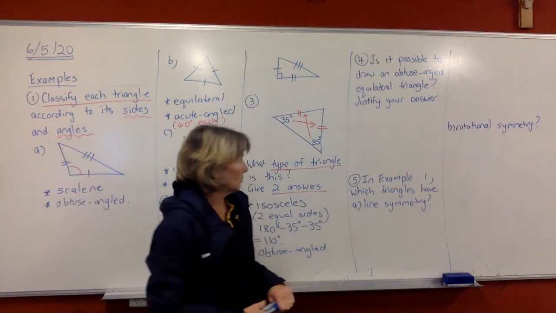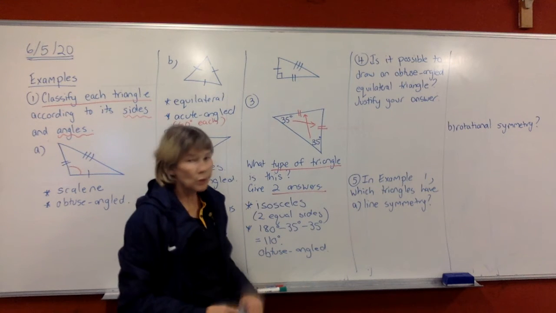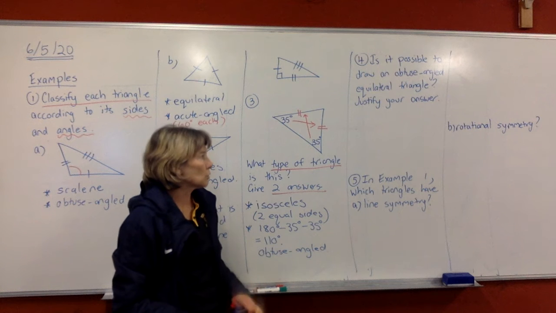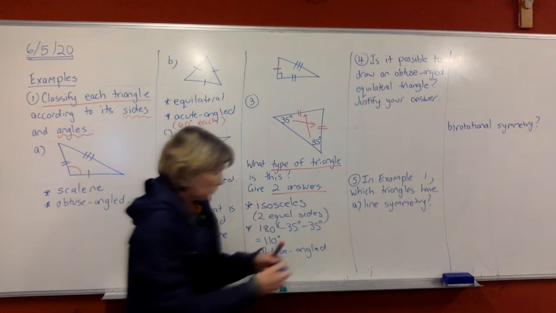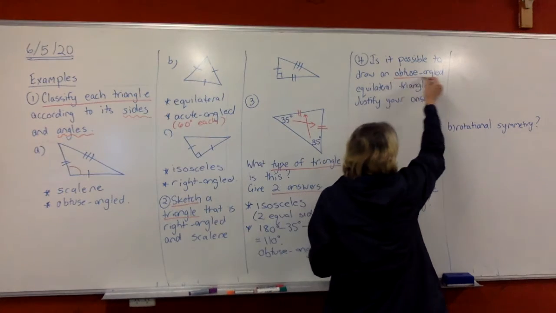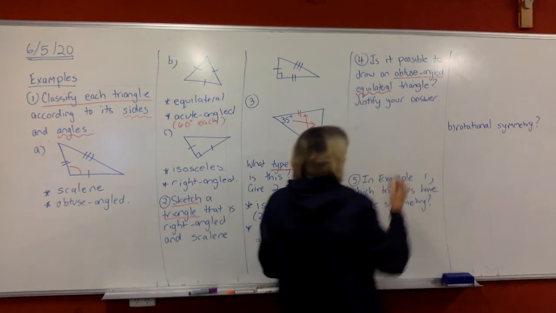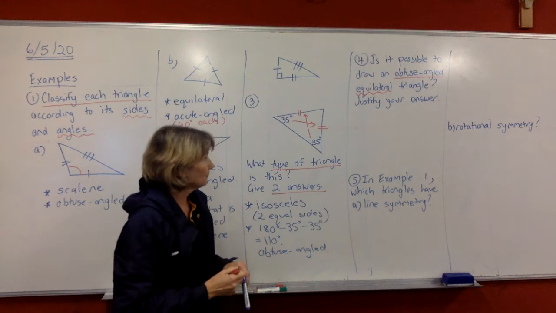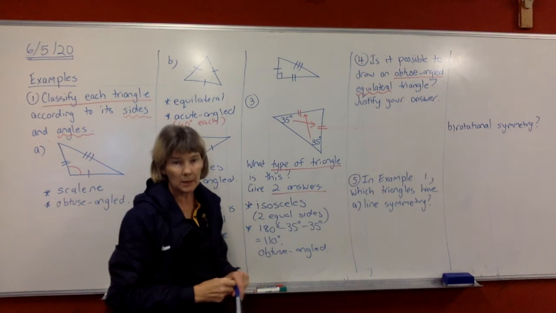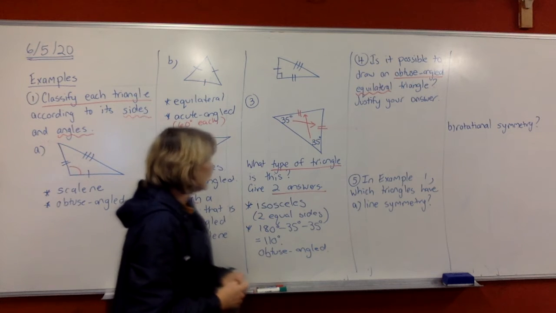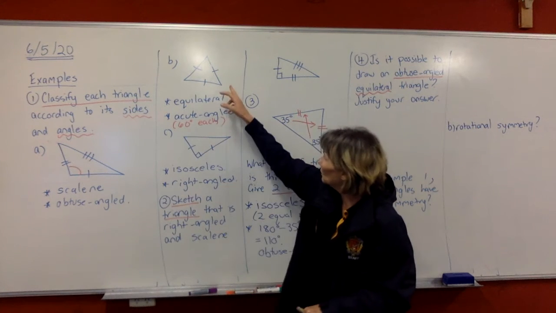All right, now number 4. Is it possible to draw an obtuse angled equilateral triangle and justify your answer? Okay, so two things they're looking at. Obtuse angled and equilateral. Well, if you know enough about equilateral triangles, you should know the answer to this. Back over here we were looking at an equilateral triangle.